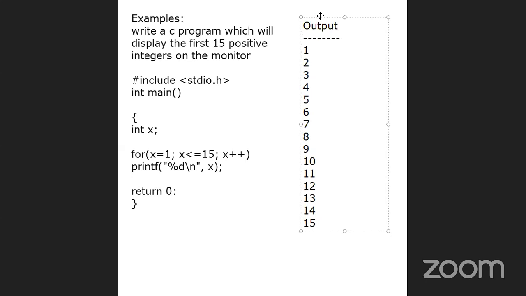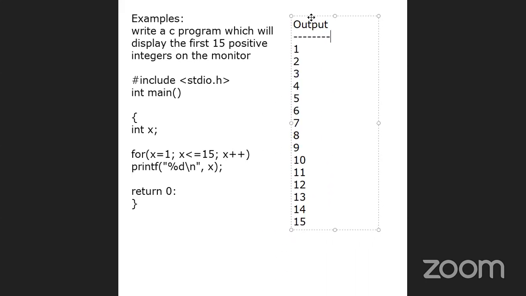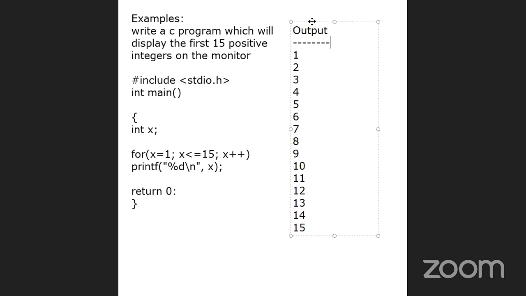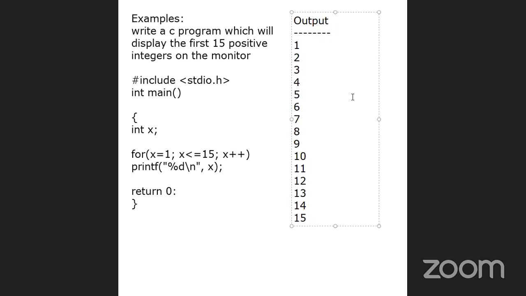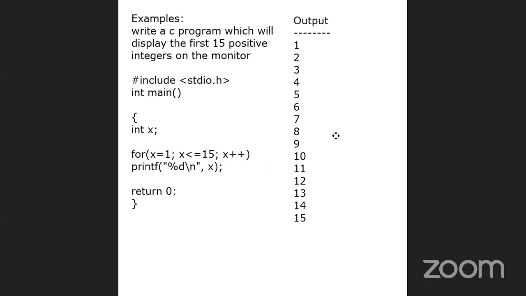So that's how the output of this program is going to look if you solve it in this way. You have the output there, and that's how you can simply write the code that will generate this data output for you. Okay. So that's a simple example.